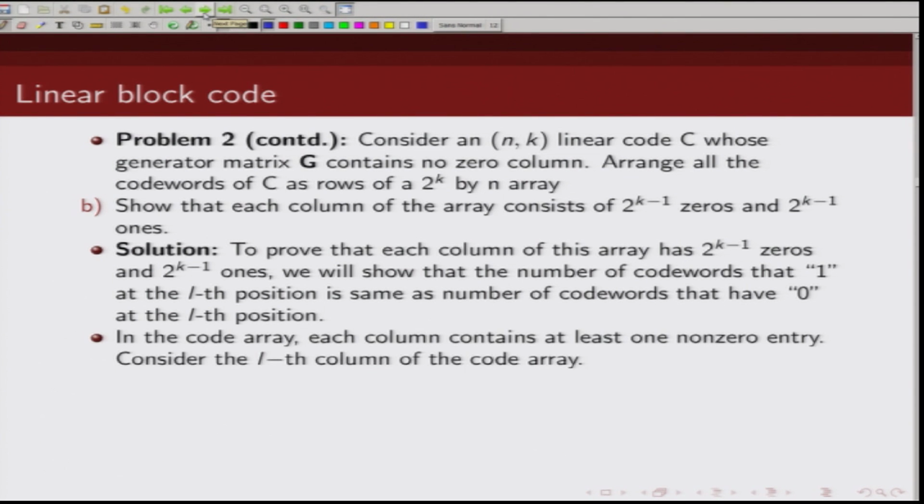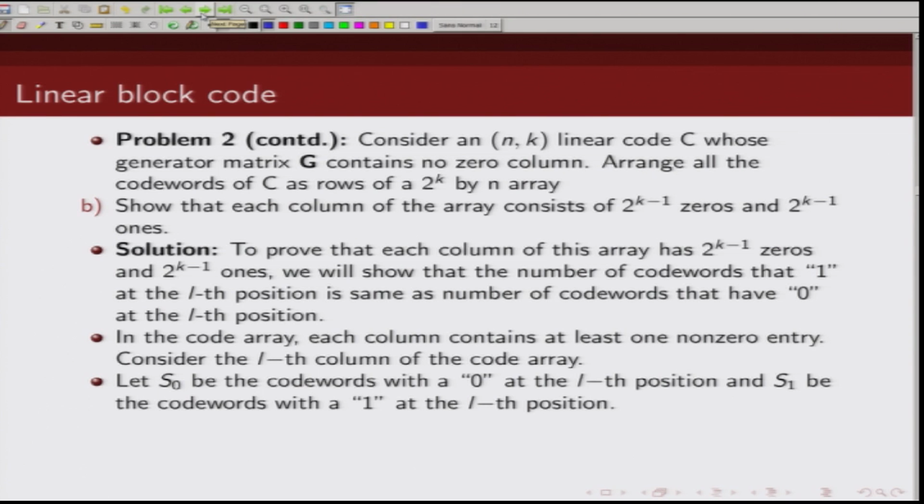In this code array we know that each column will have at least one non-zero entry, which we proved in the earlier result. So, consider the lth column of this code array. Let us denote by S0 the set of code words that have 0 at the lth location, and by S1 the set of code words that have 1 at the lth location.